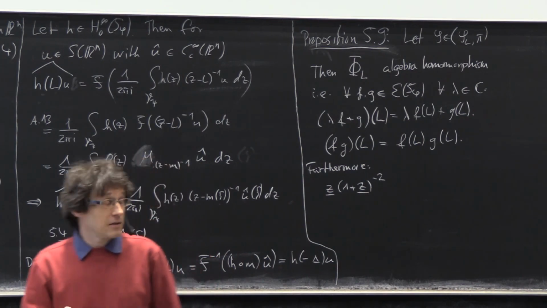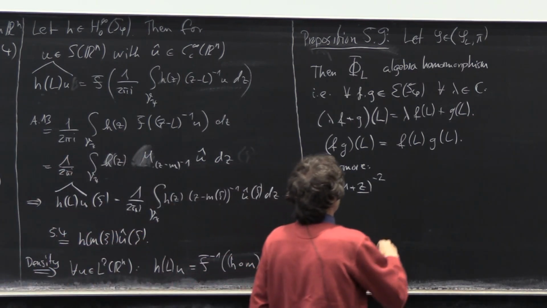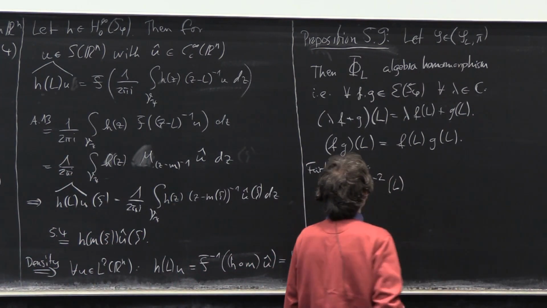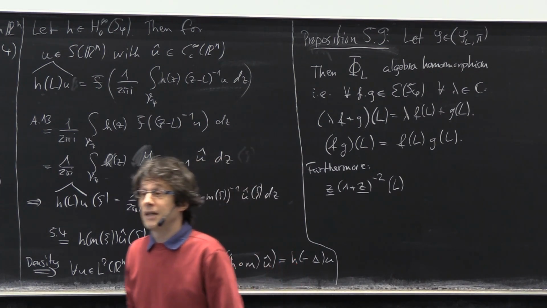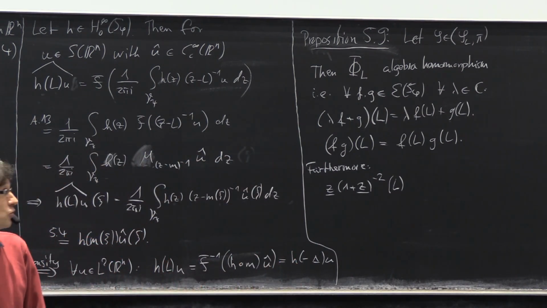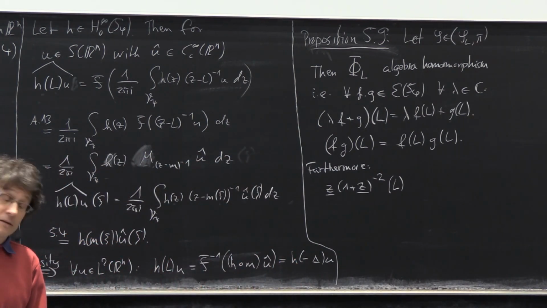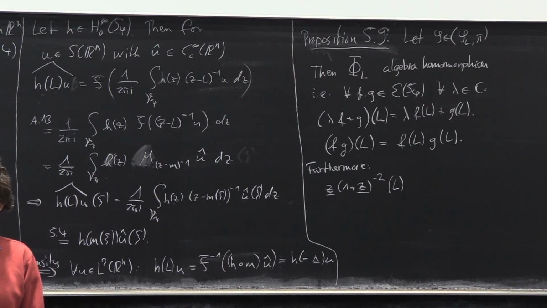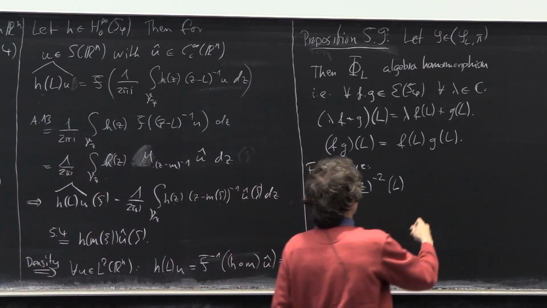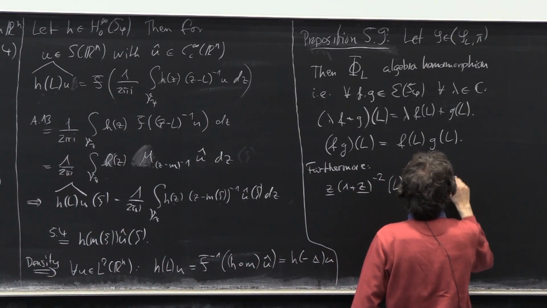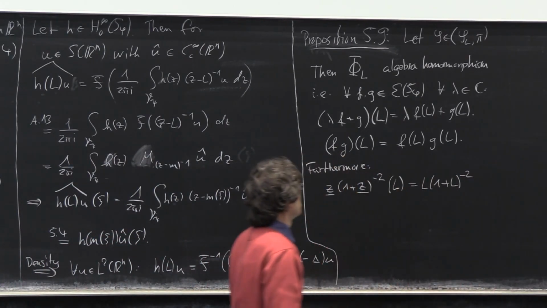So this is an H infinity zero function, and so I can plug in L, and the question is what comes out. There is a naive idea of what should come out, and usually for functional calculus, if you have a naive idea of what should come out, you can be confident it will come out. So this will be L times (1 plus L) to the minus 2, but we will prove this.